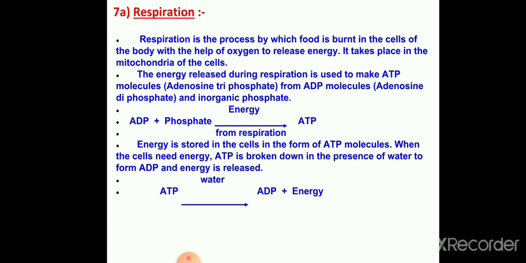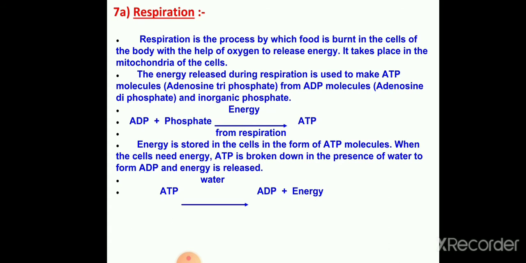So from ADP molecules and inorganic phosphate, if we write it in equation form, it is ADP plus phosphate. In the respiration process, this energy gets converted into ATP molecules. The energy is stored in the cells in the form of ATP molecules. When the cells need energy, this ATP is broken down in the presence of water to form ADP, and energy gets released.